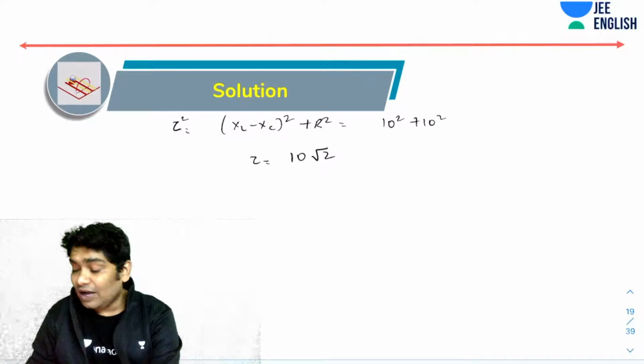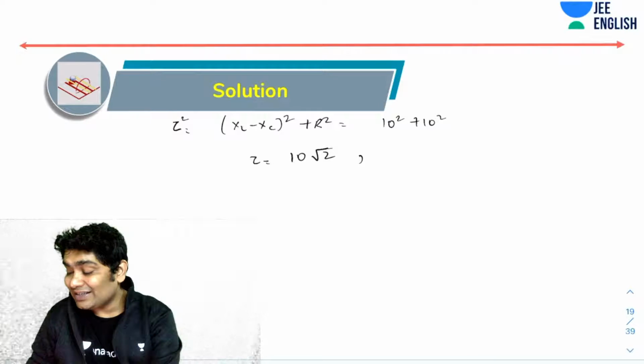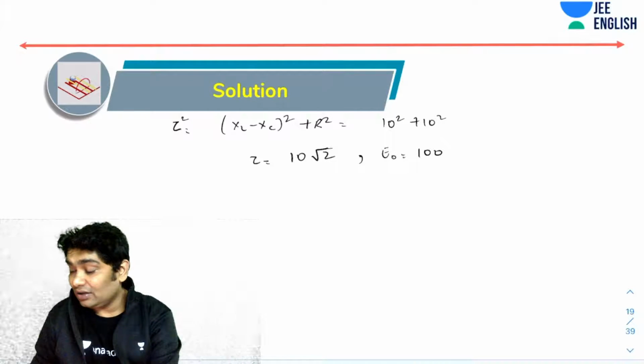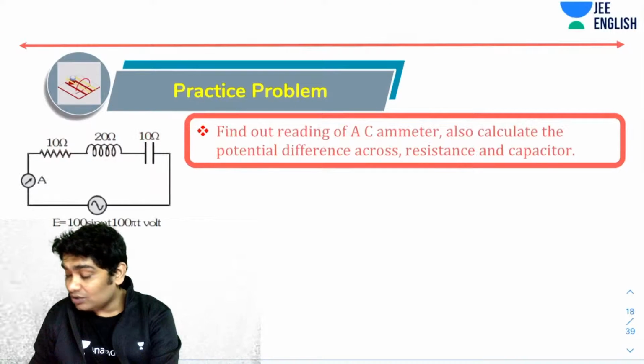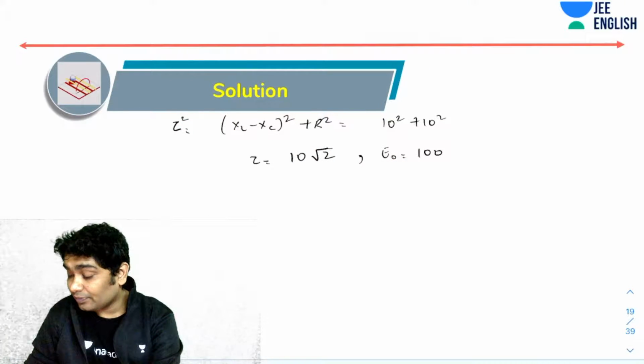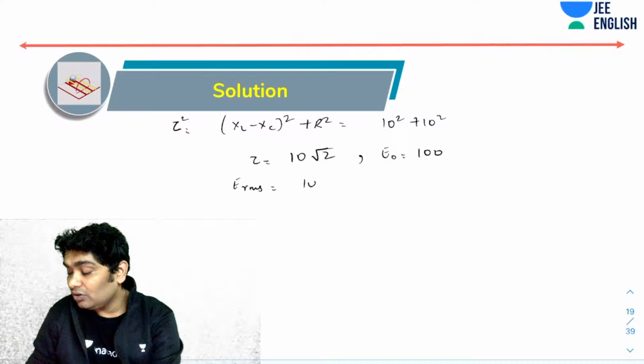Okay. Now I've got a Z, and let's figure out what E naught is. E naught is 100, right? So what will be ERMS? ERMS would be 100 over root 2, right?